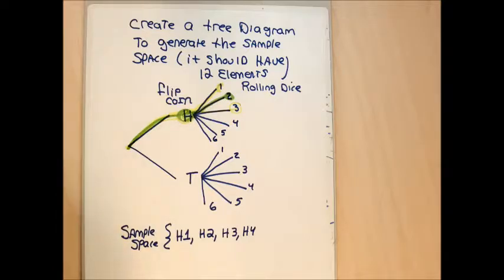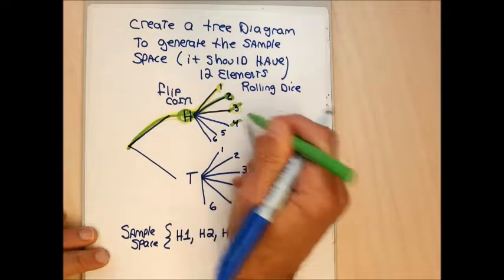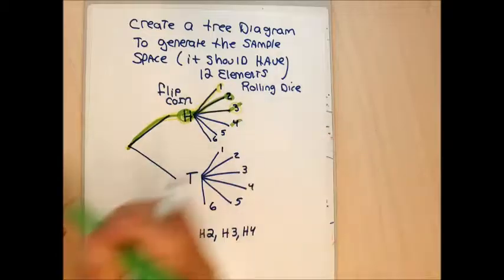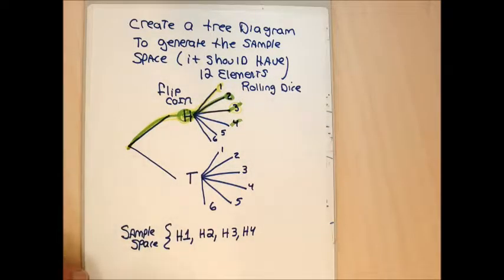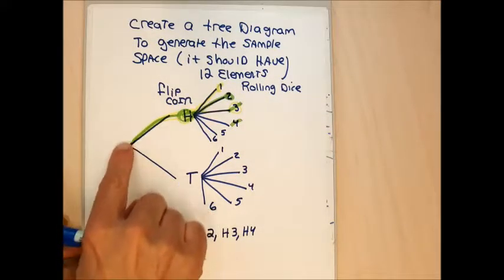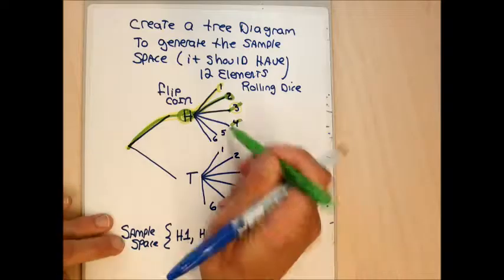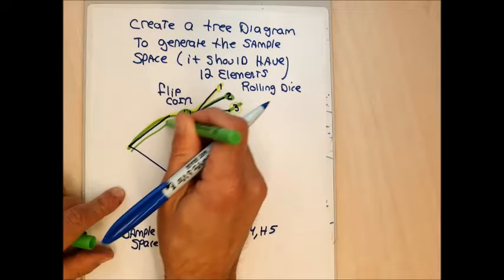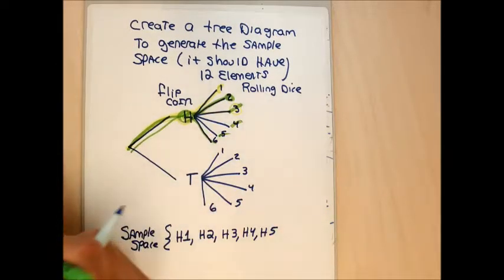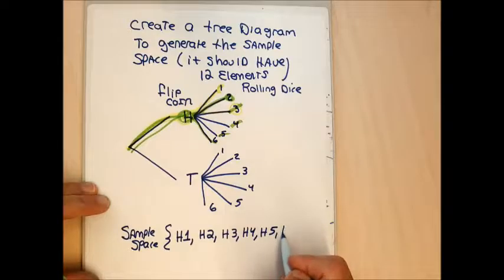Ultimately, I need to find a path to every single number on the far right edge of my tree diagram. To get to the 5 here, I have to go head first, then 5 second. And then to get to this 6, I have to go head and then 6. So this is the first 6 elements in my sample space. I don't have a lot of room here, so I'm going to write the next elements under it.